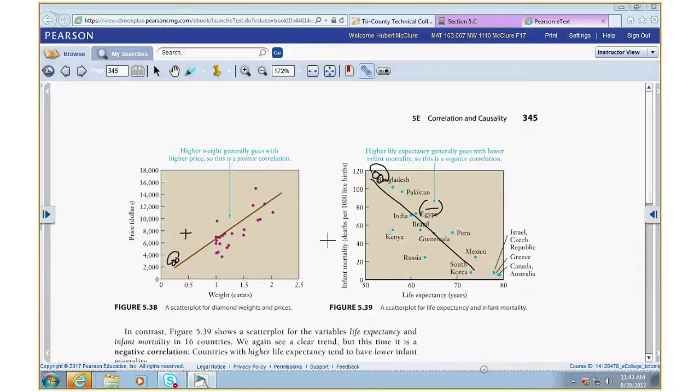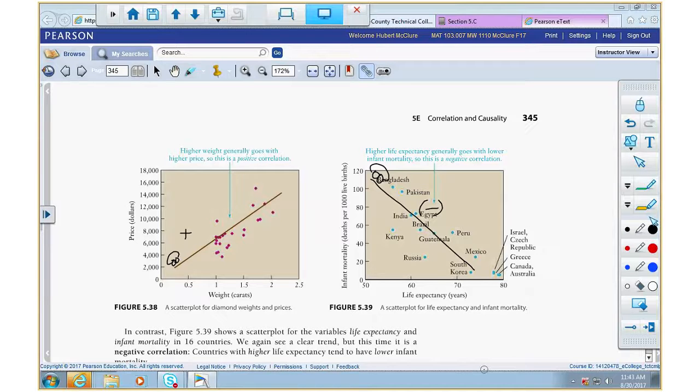Now, a constant or no correlation would be a horizontal line. They'll give you an example of that probably in the homework, or we'll find one here in just a minute. Test question. That's one test question out of the 20% section of your test.